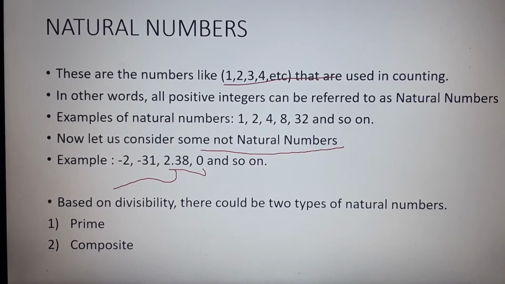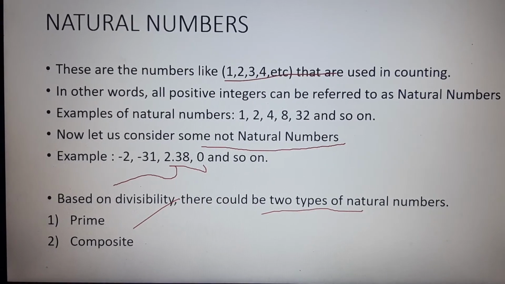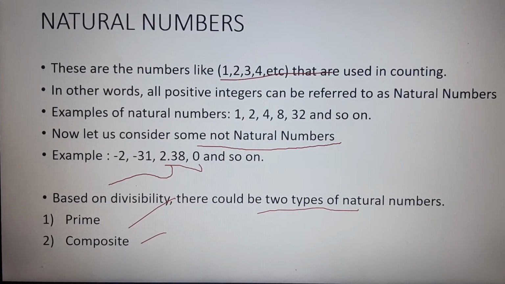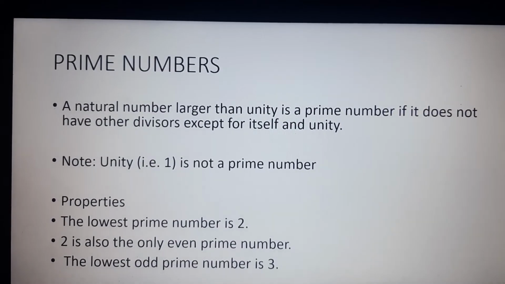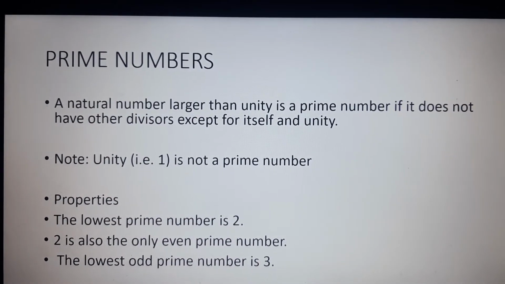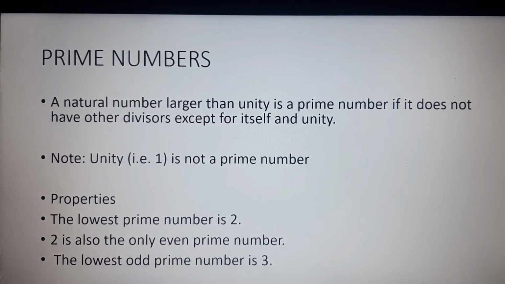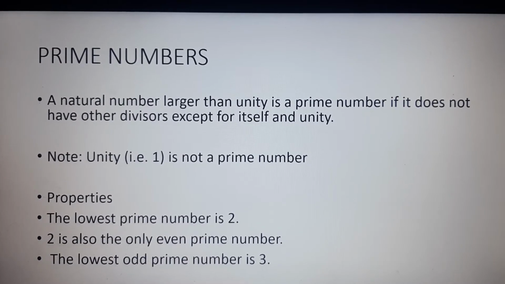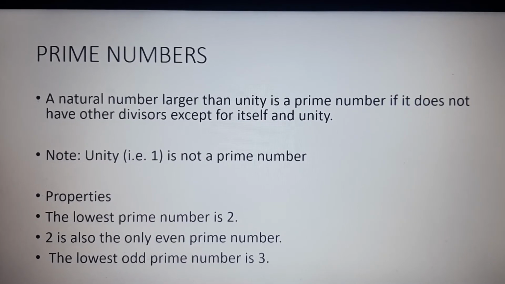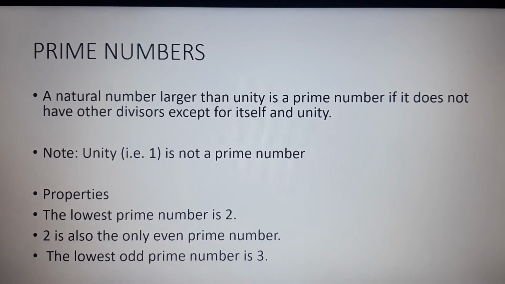We can see that natural numbers can basically be of two types, prime and composite. Prime numbers are those numbers which are larger than unity, and do not have any divisor except for itself and unity. By this, it means, suppose we take a number like 2. 2 is greater than 1.